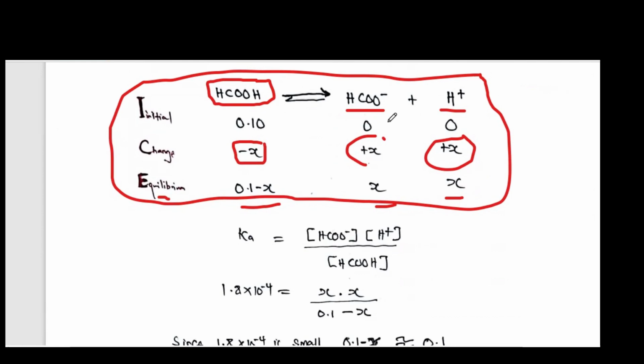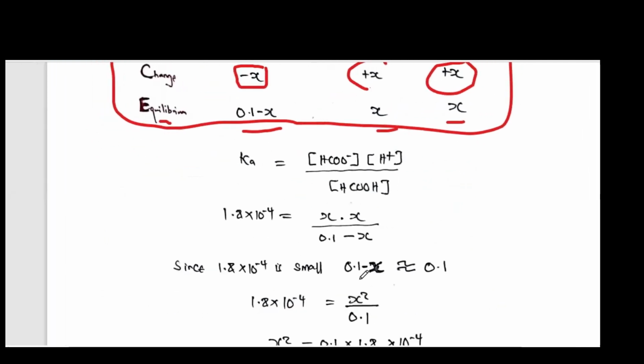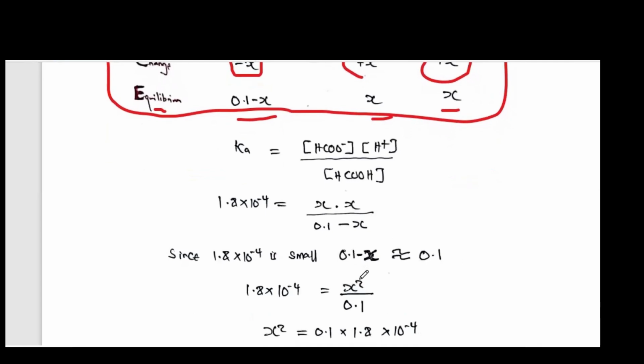So Ka is equal to the products first, and then the reactants down there. What is the value of the products? It will just be x, x, and down there, what is the value of the reactant? 0.1 minus x. Now here you should pay attention. Depending on the value of the Ka that you have there, sometimes you are dealing with bases, and it will be the value of the Kb.